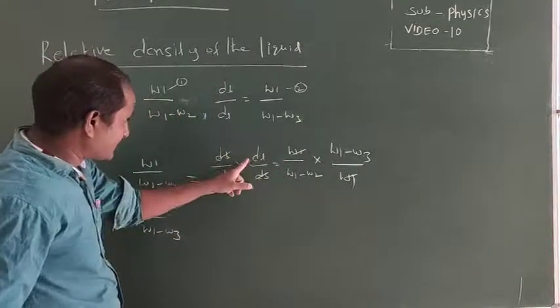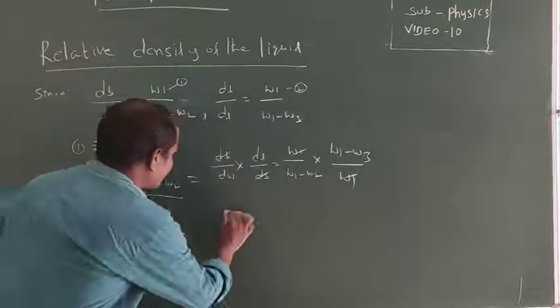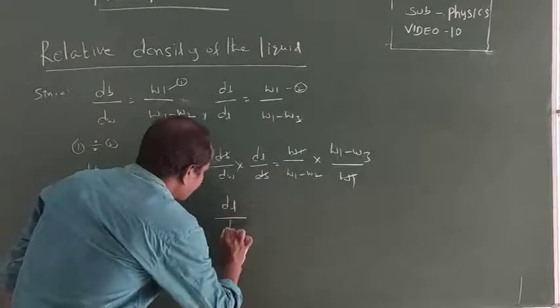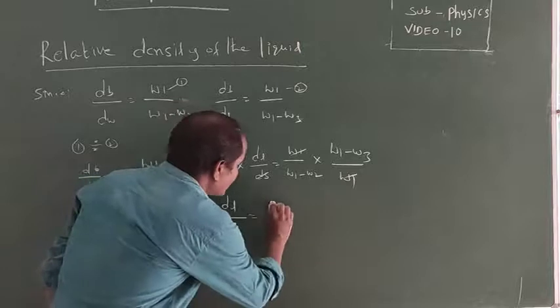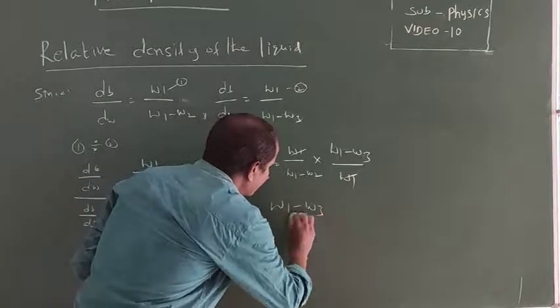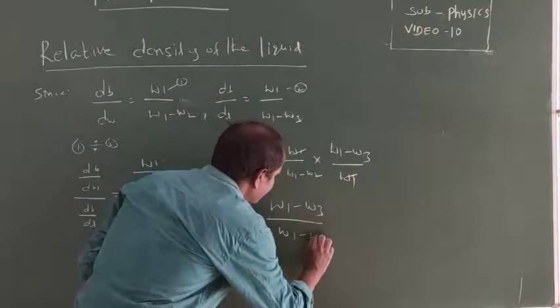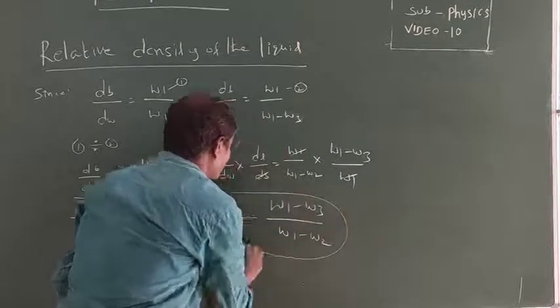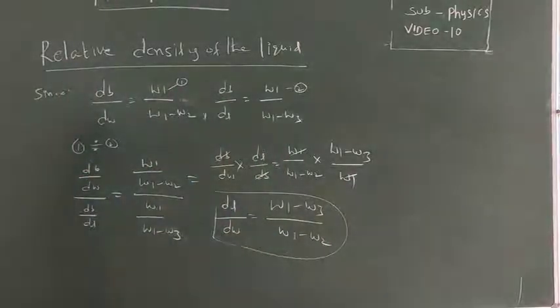What is the remaining value? Density of the liquid by density of the water equals W1 minus W3 by W1 minus W2.